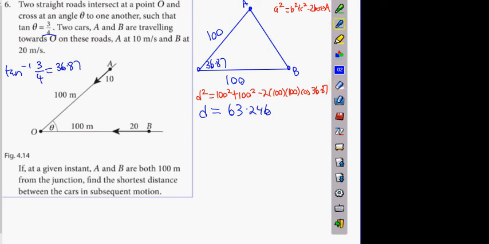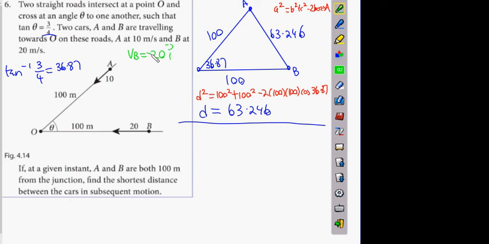What happens next is I'm going to find out the velocity of A, the velocity of B, and then the relative velocity VAB. VB is going to be minus 20i because it's going to the left at 20.